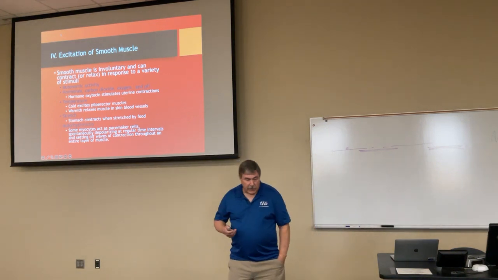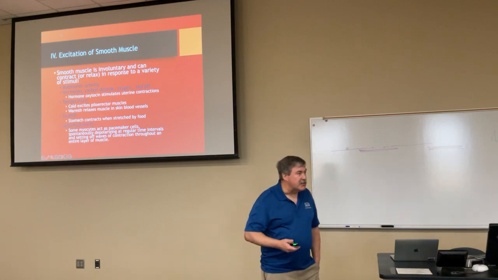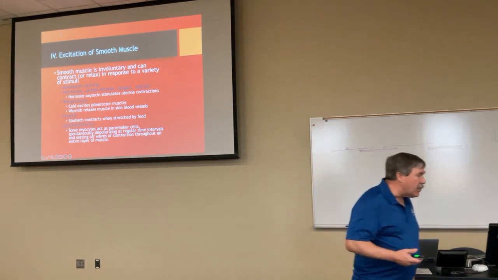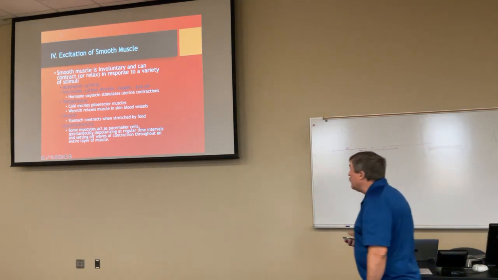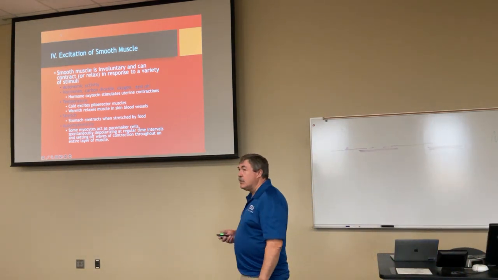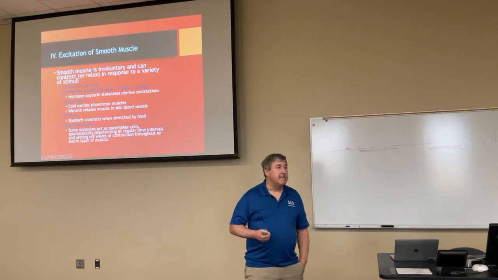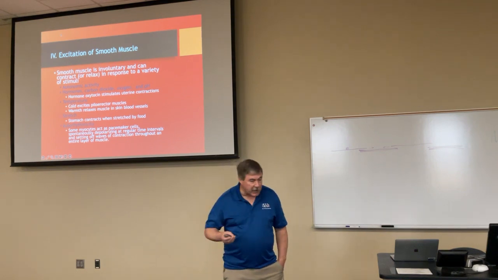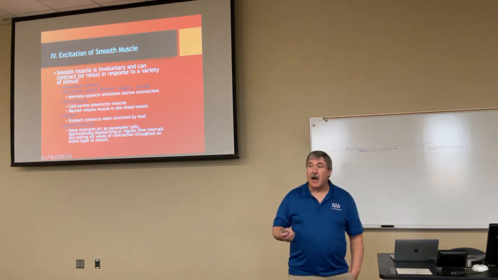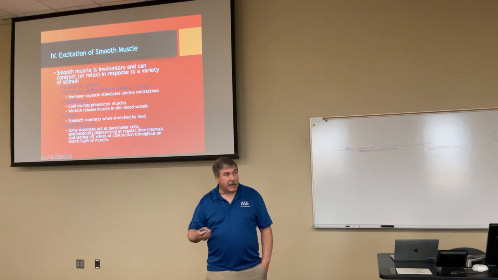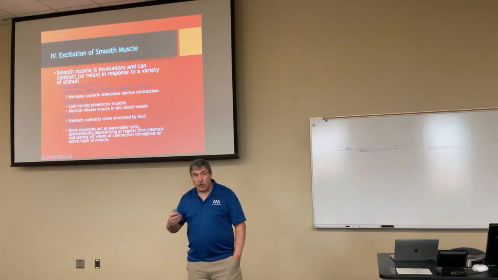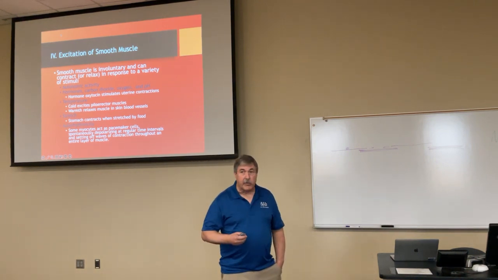Now, the contraction of smooth muscle, for the most part, is mainly involuntary. You don't really have control over it. One of the reasons is that even the multi-unit smooth muscle is controlled by the autonomic nervous system, which is controlled by the brain automatically, and you ordinarily don't have any voluntary control over that.